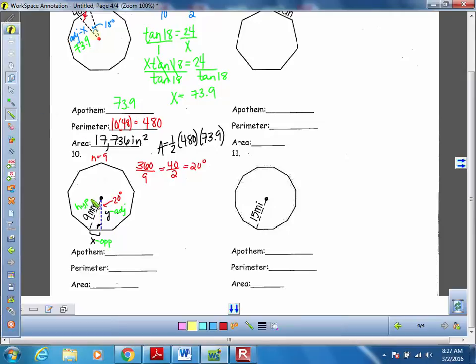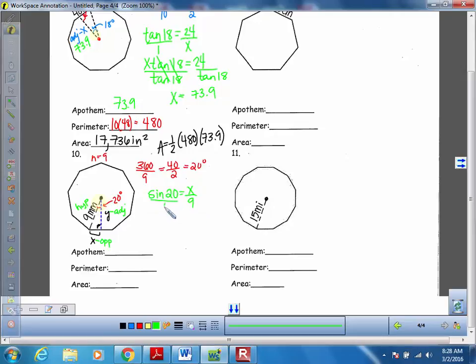If I'm looking from 20, let's say we want to find x first. So we're going to do opposite and hypotenuse. If you're looking at SOHCAHTOA, the one that uses opposite and hypotenuse is sine. So we're going to do sine of 20 equals opposite, which is x, over hypotenuse, which is 9.